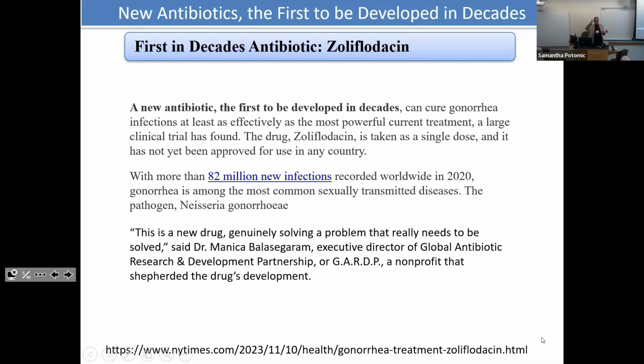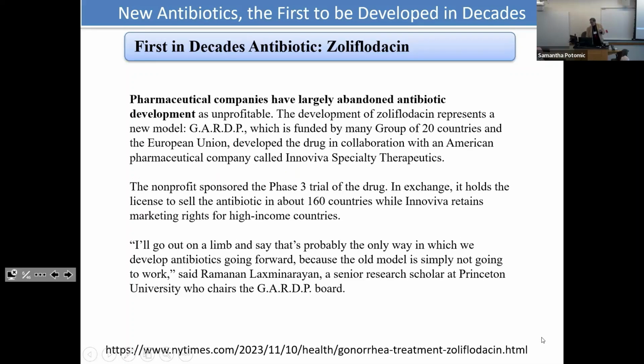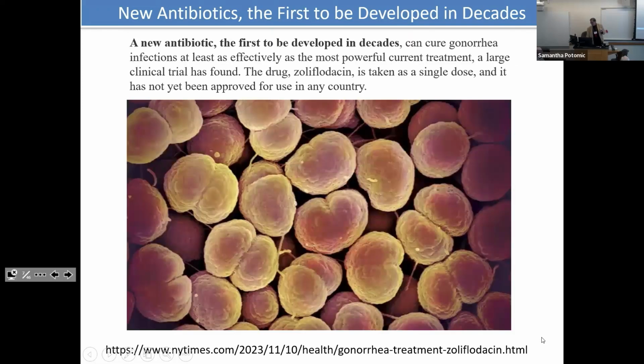So you got one new antibiotic in decades. This is the rate at which we're producing new antibiotics. Not good. In fact, the development of it was done with a nonprofit group because the big majors don't see a profit in antibiotics. So that's the first thing.